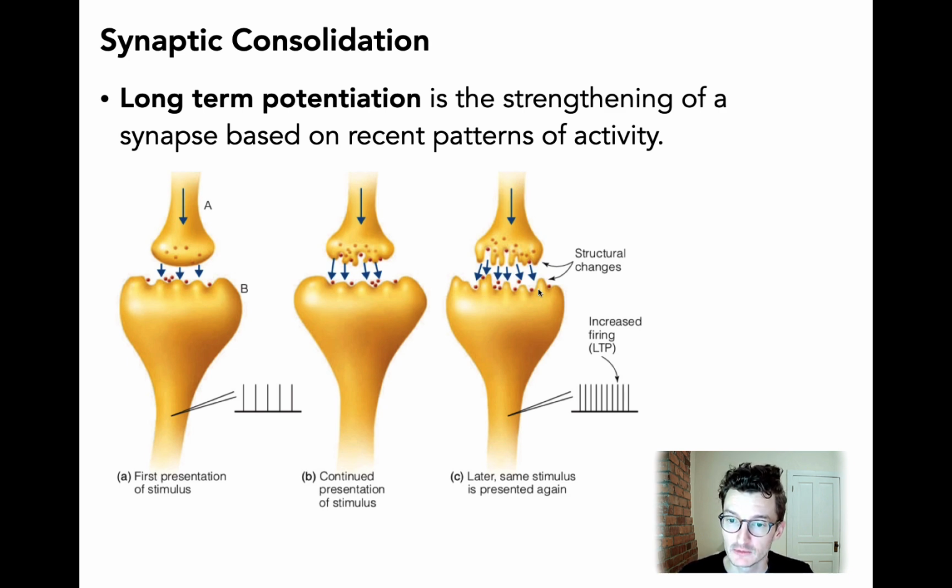And so the presynaptic neuron releases the same amount of neurotransmitter, but this neurotransmitter causes greater excitation in the postsynaptic cell. And so we say that the synapse, the connection between the two neurons, has become strengthened.